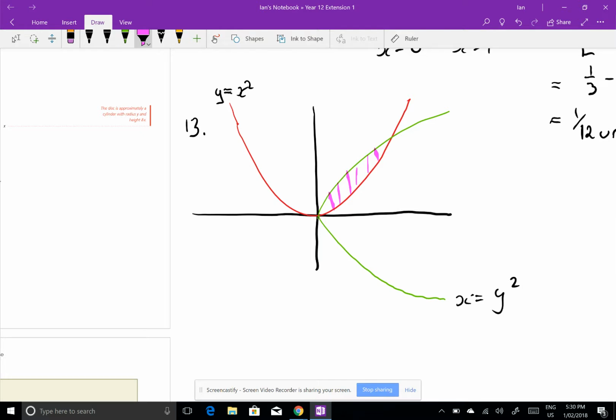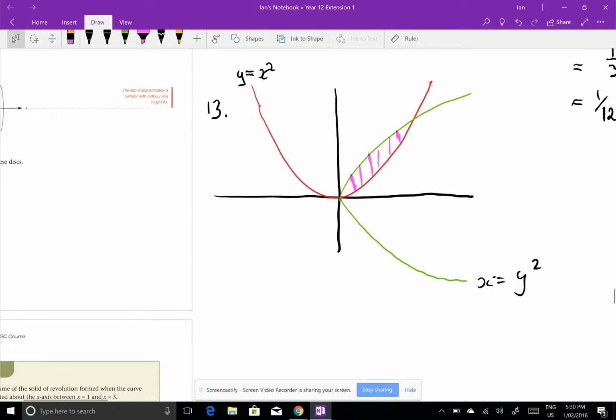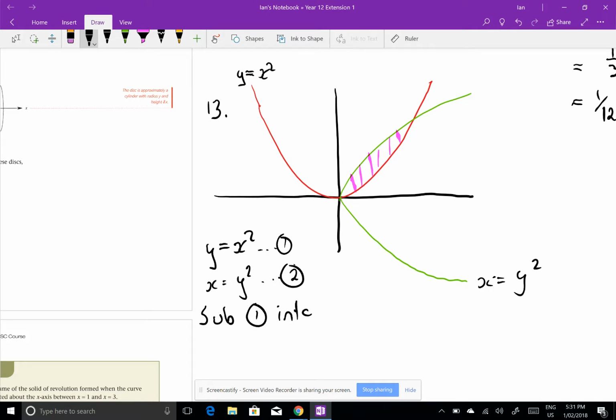And again, we have to solve them simultaneously. So y equals x squared, call that equation number 1. And x equals y squared, call that equation number 2. Now, I'm going to sub x, well, I can either sub x squared in for y, right? So let's sub 1 into 2.